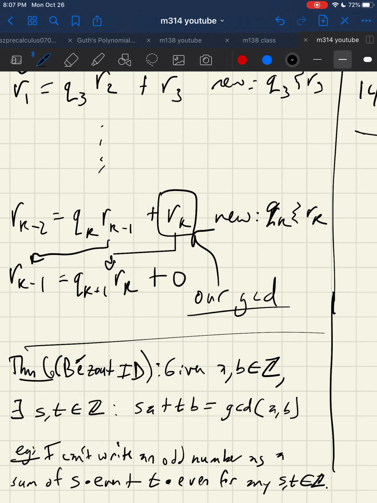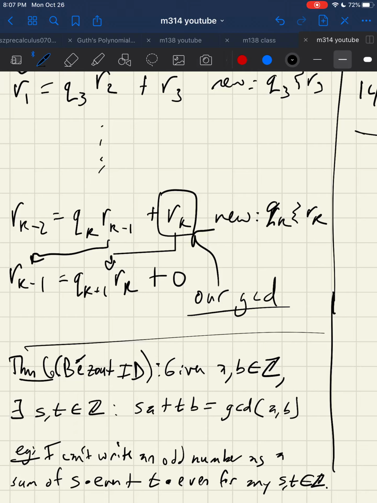No matter how many times I add or subtract even numbers, whole multiples of even numbers, I can't get an odd number out. And that's because any pair of even numbers that I look at, their GCD is greater than 1. Their GCD is at least 2. So the point here is that this Theorem 6 says I can get down to the GCD.